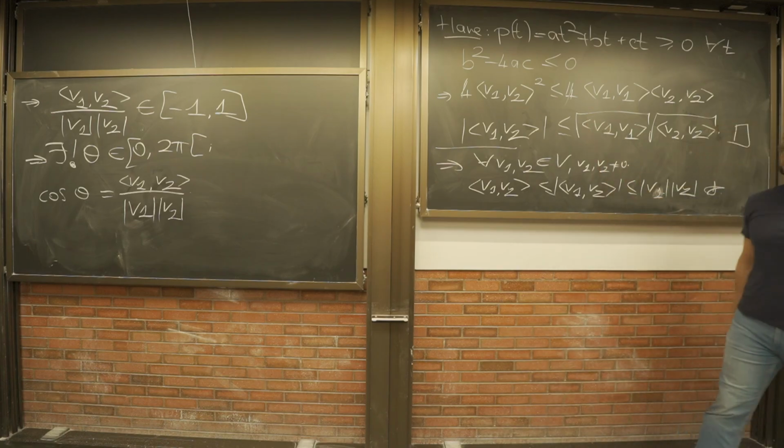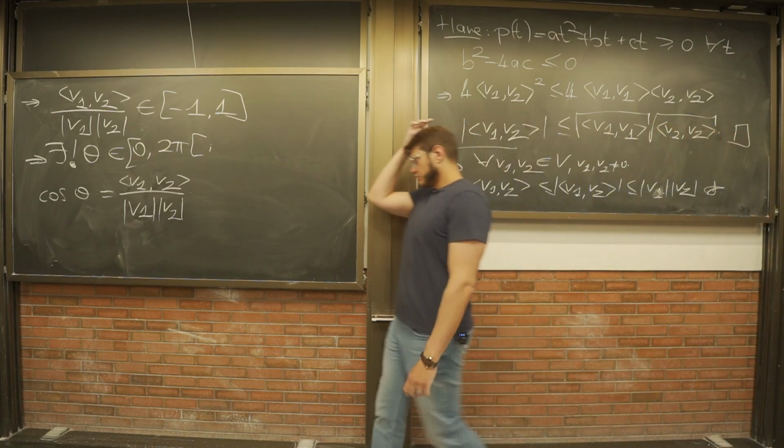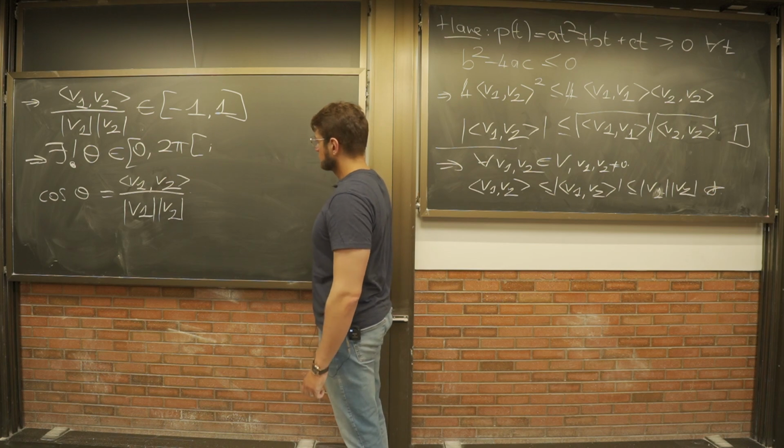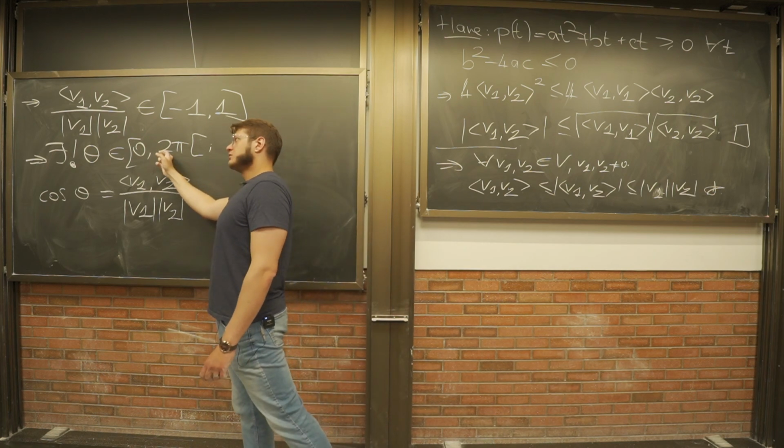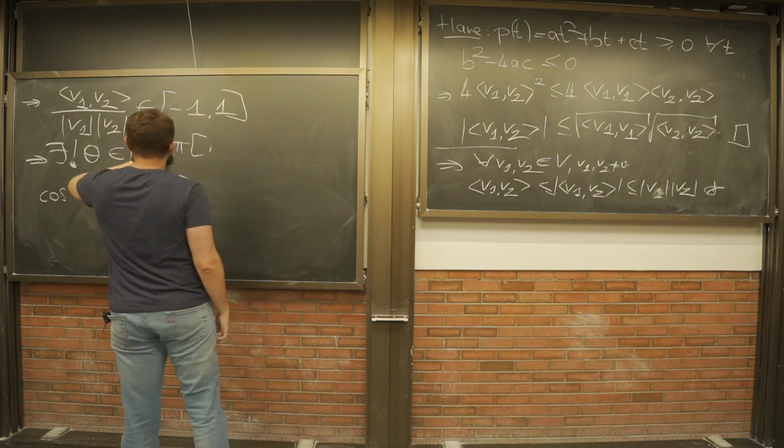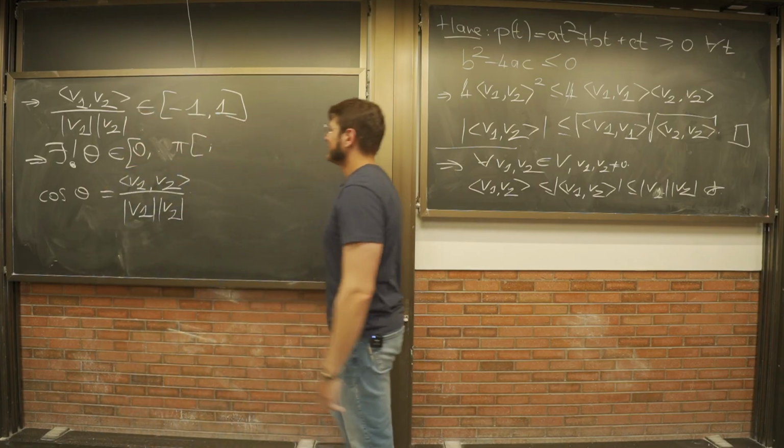Because cosine from 0 to 2 pi goes from +1 to -1. It's not unique, actually. Probably I should say 0 to pi. Now it's unique.